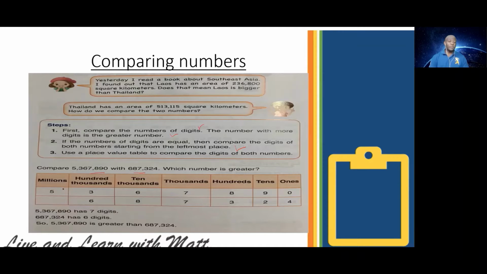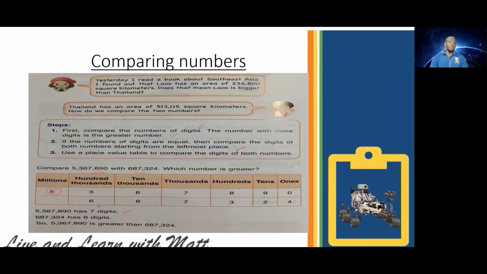So the first one is 5,367,890. And the second one, 687,324. So we can see that the first number has 5 millions, which means it has 7 digits.